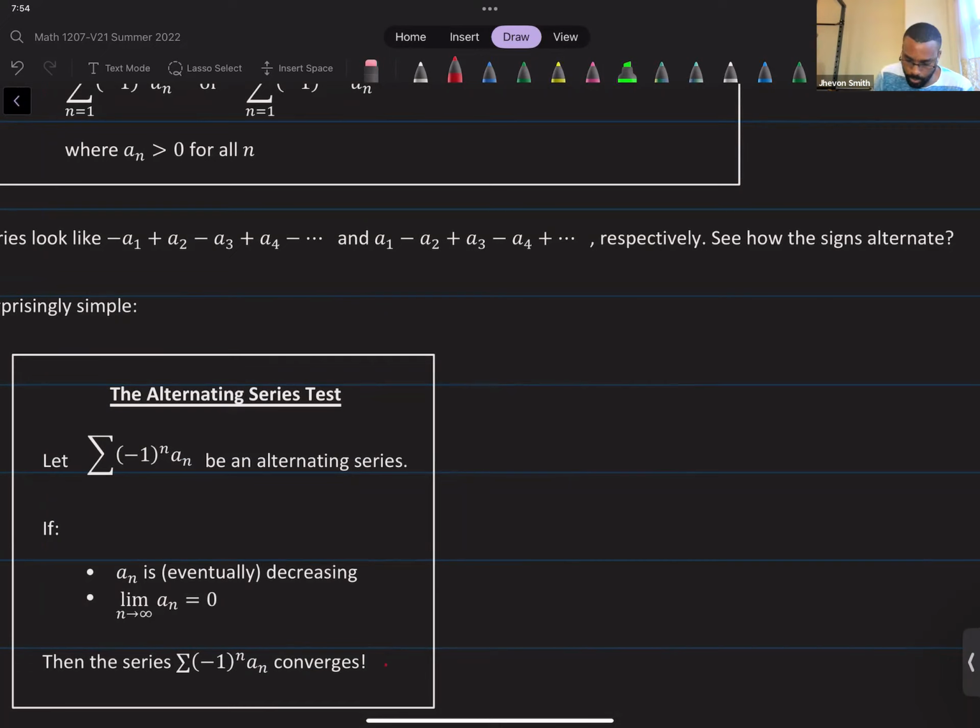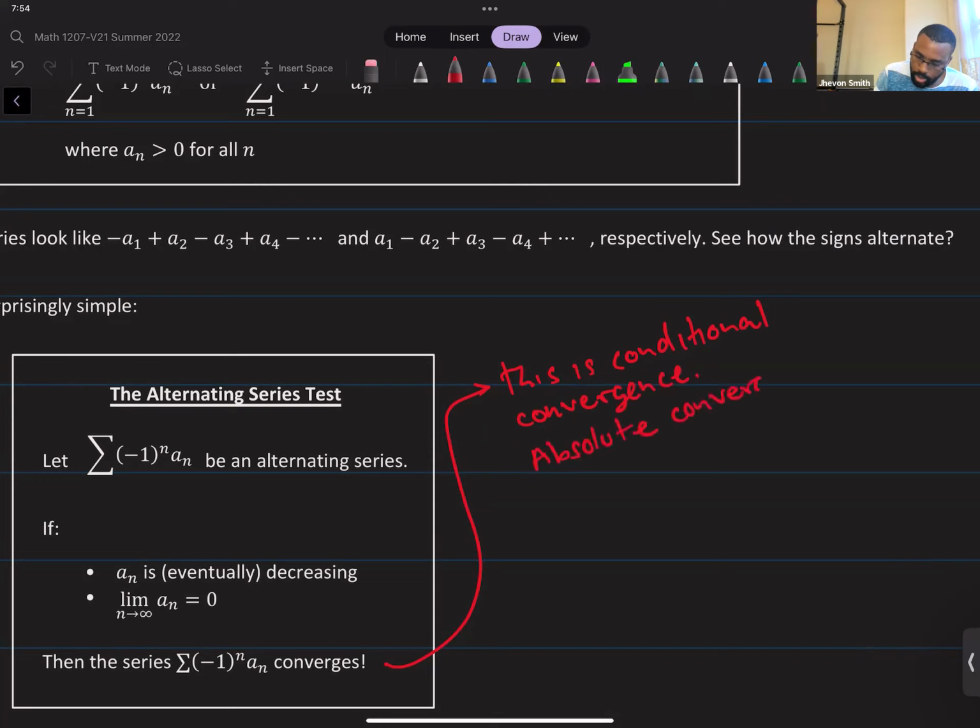So this is conditional convergence. Absolute convergence would require another test.